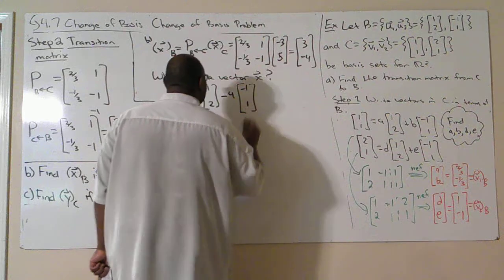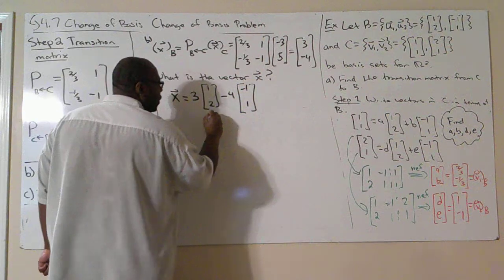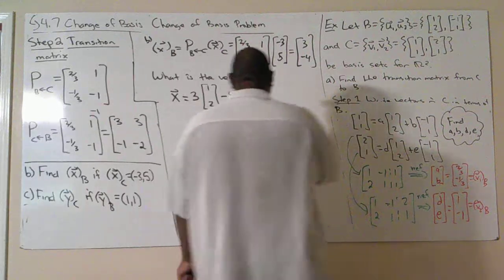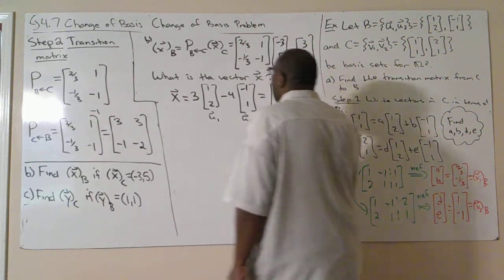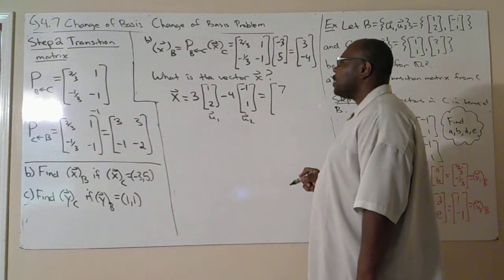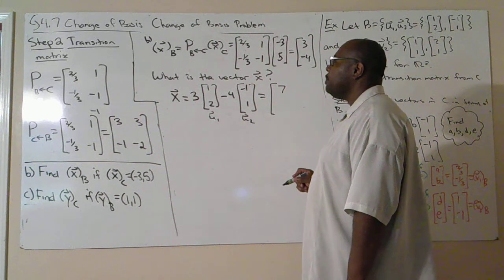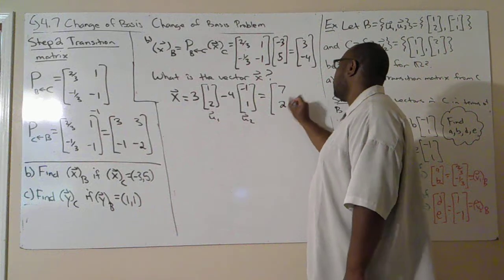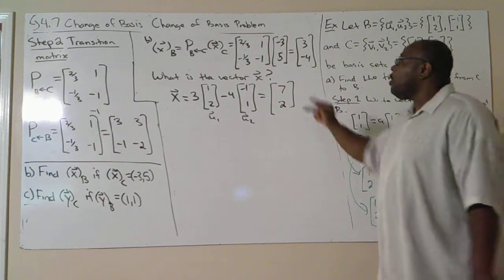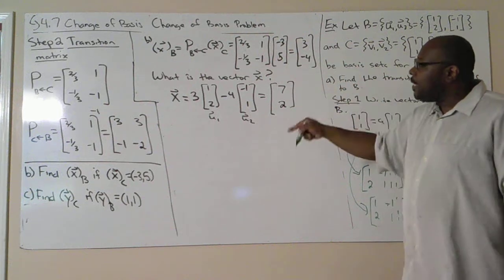Okay, so this is u1, this is u2. Okay, let's see if I can do this in my head. Oh, math. 3 plus 4, I think that's 7, right? 6 minus 4, that's 2. It's 7, 2.